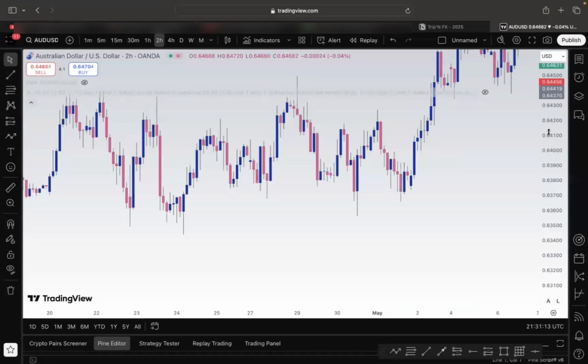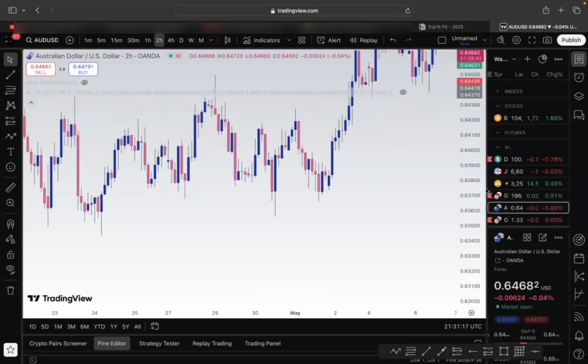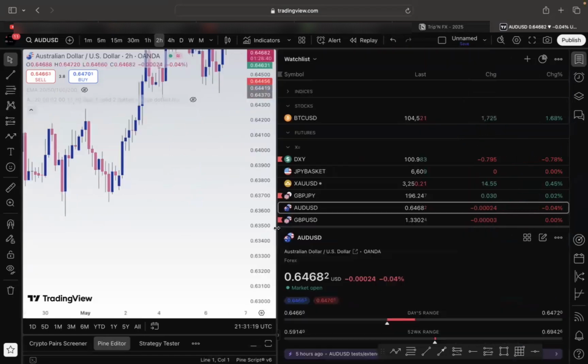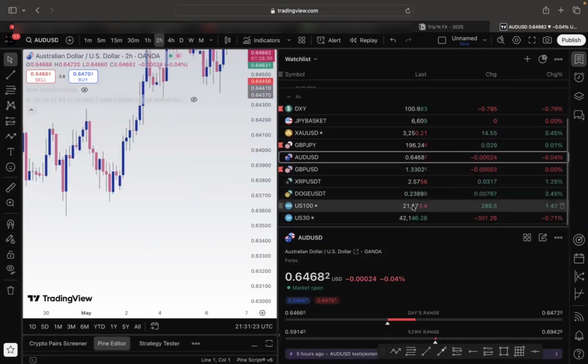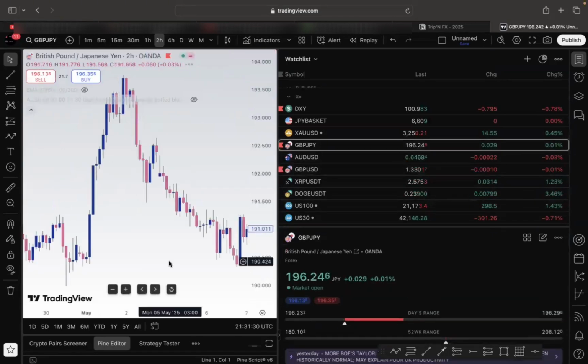Let's look into the chart. Maybe spend some 5 minutes. Let's change. Let's look at maybe GBP JPY.